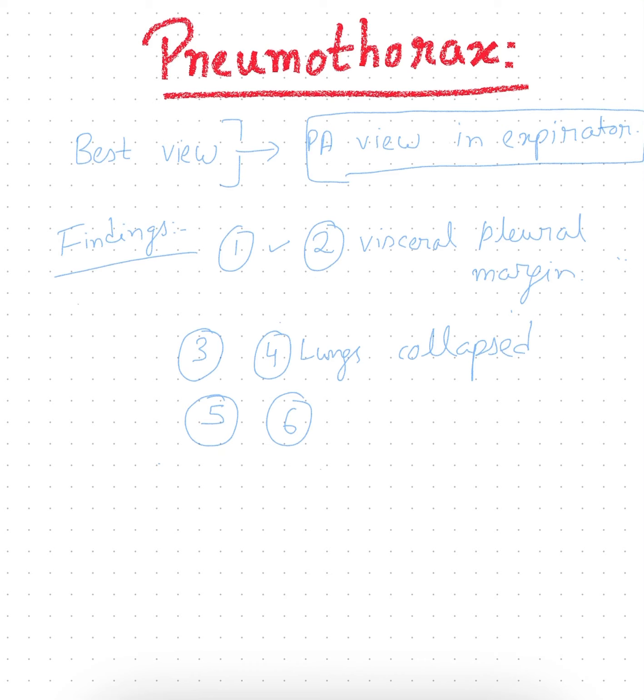And the sixth point is that the affected hemithorax will appear hyperlucent as compared to the opposite side. So it will be more hyperlucent.